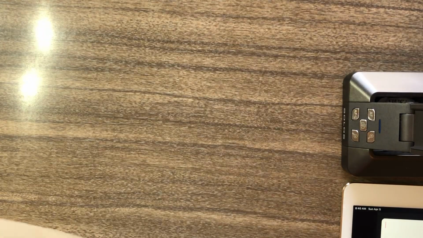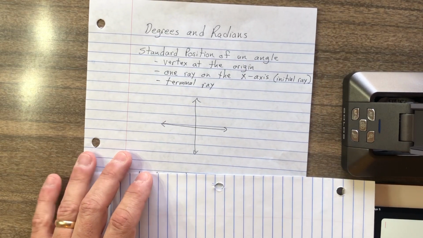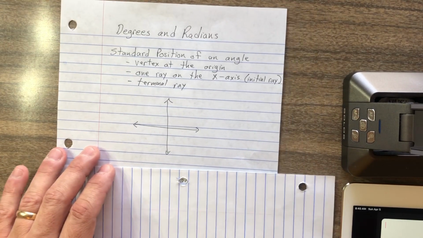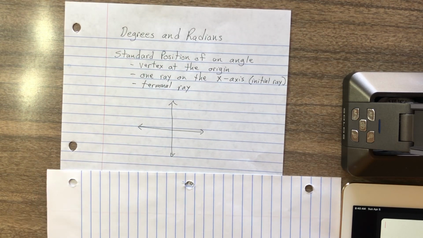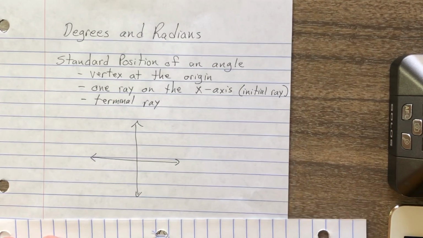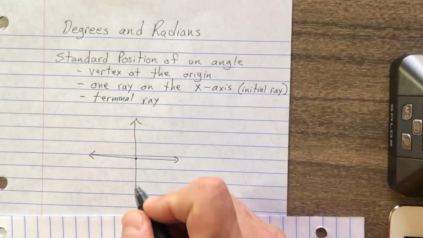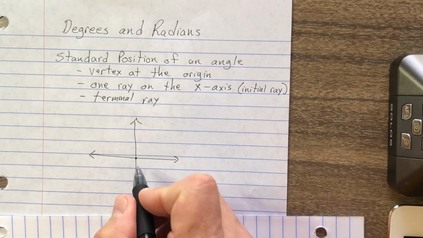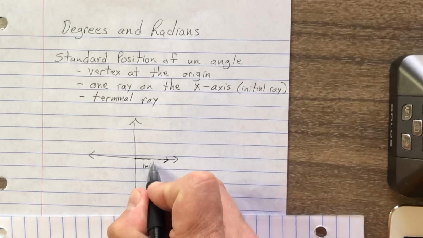Okay. Let's talk about that. First, you need to know what standard position means, the standard position of an angle. Let me zoom in just a hair so you can see that a little better. You probably remember this from geometry, but the standard position of an angle has the vertex at the origin, right here, and then one ray is on the x-axis, like this, and that is called the initial ray.